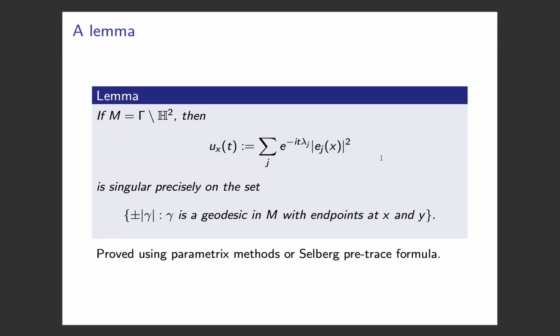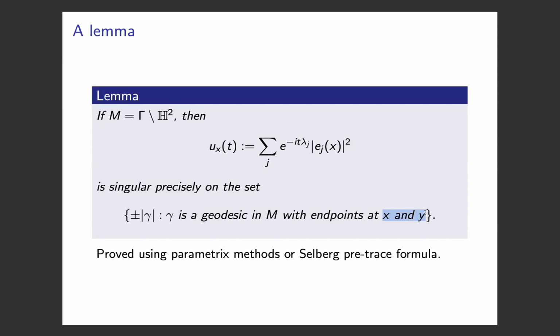If we interpret it in that sense, a lot is actually known. This is singular precisely when t is either positive or negative the length of a geodesic loop in M with endpoints at x. This is a typo; both endpoints are supposed to be at x.